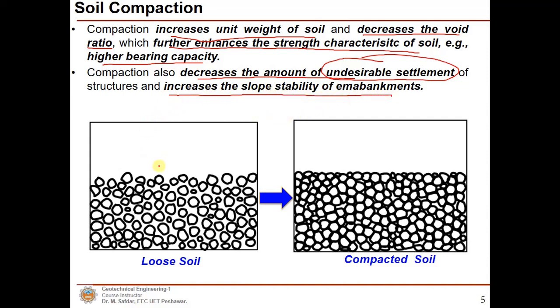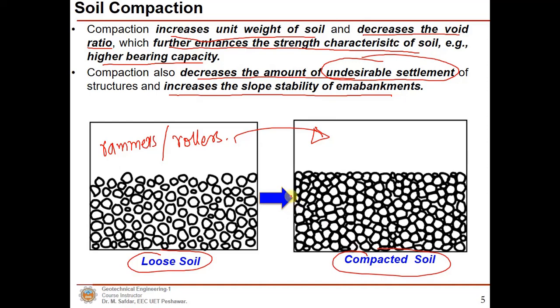For example, if you have a loose soil here, and you use rammers, or in the field we use rollers, then it will come to a much denser configuration, and you can clearly see that lots of solid particles will be present in the compacted or denser configuration, and this will eventually increase the weight per unit volume, and the unit weight will increase in the compacted soil.